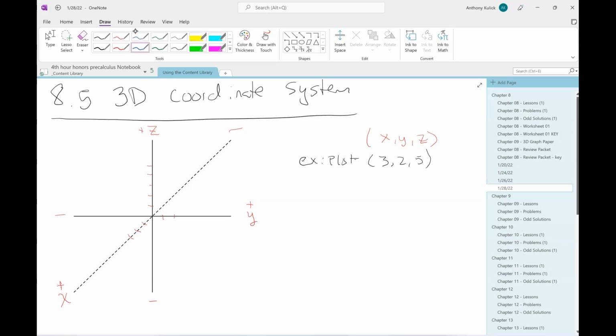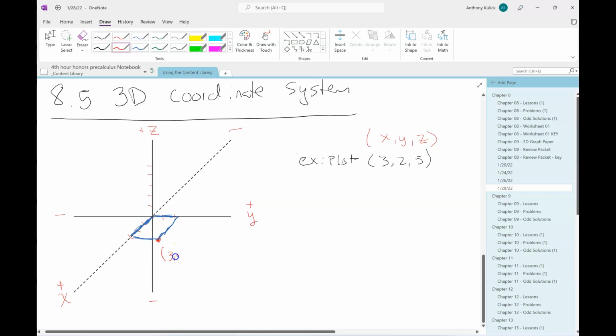I'm going to start by building the bottom of the box. One side of my box is going to have length 3. The other side of my box is going to have length 2. And then I'm going to fill in the rest of my box.